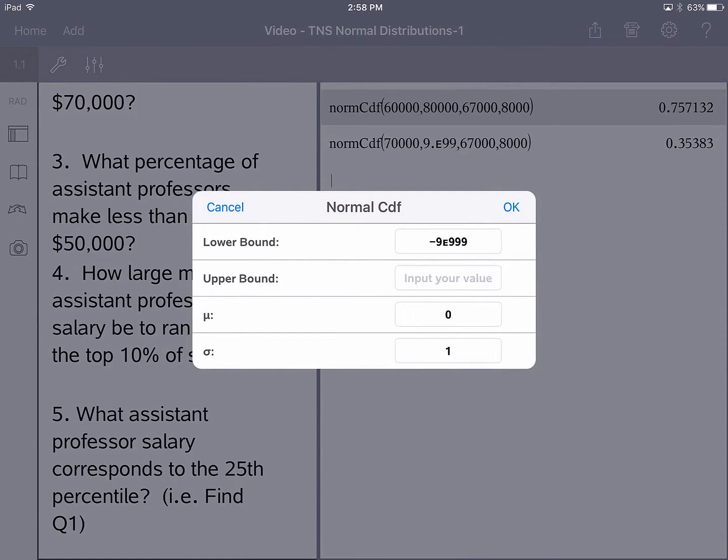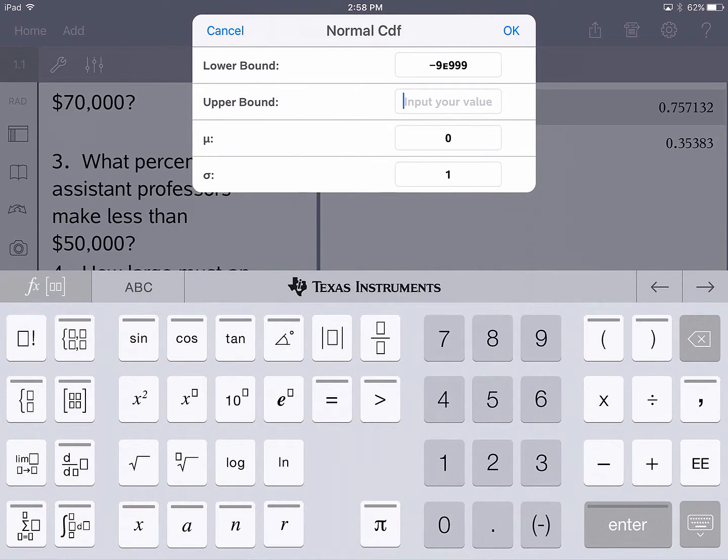That's the default lower bound, as you can see, so I'm not going to mess with that. Basically the default lower bound there is negative infinity. So the upper bound would be 50,000 because I want below 50,000. The mean is 67,000, and the standard deviation here is 8,000.